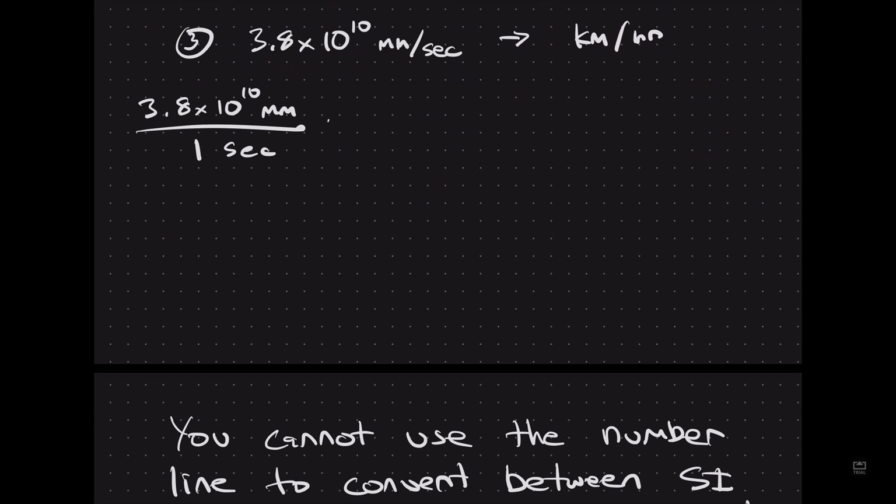So I'm going to multiply that by a number with millimeters on the bottom, and I'll just take that to meters to begin with. So I know that 1 meter is 1,000 millimeters, very common ratio that everybody should know. And that's going to cancel out my millimeters, but I'm trying to get to kilometers, so I'm going to do it one more time.